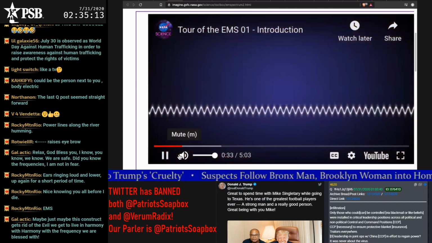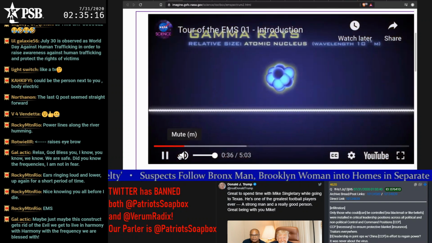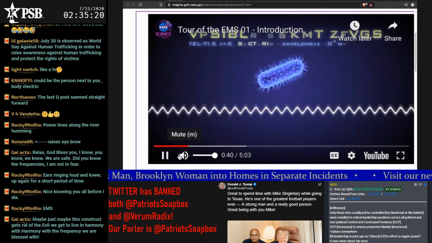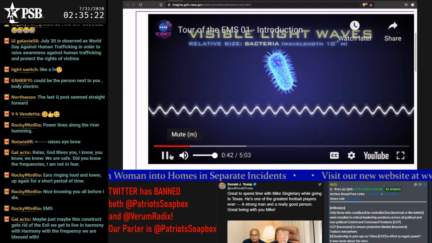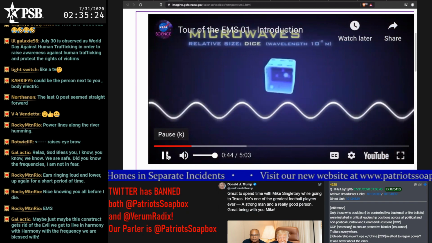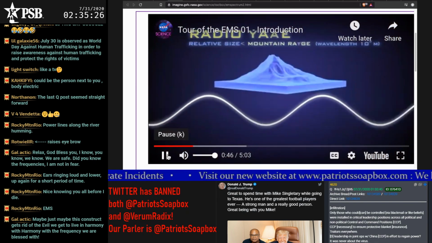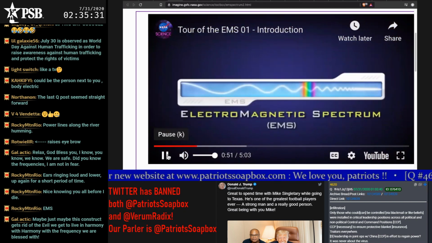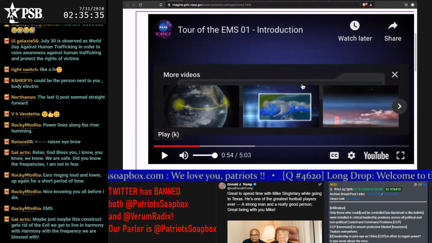These waves spread across a spectrum from very short gamma rays to X-rays, ultraviolet rays, visible light waves, even longer infrared waves, microwaves, to radio waves which can measure longer than a mountain range. This spectrum is the foundation of the information age and of our modern world.